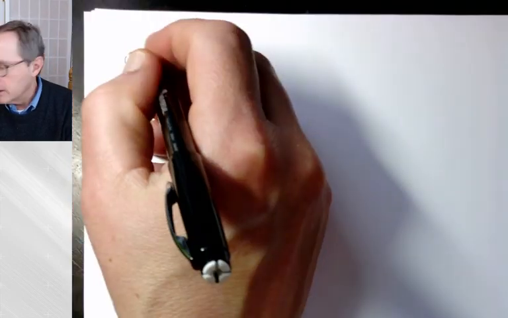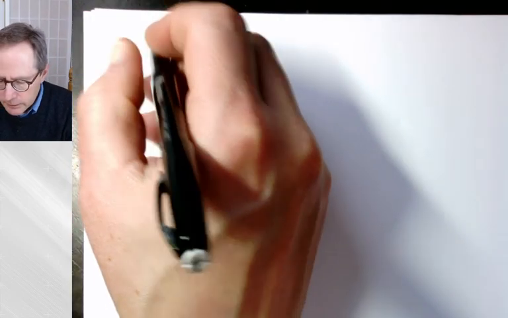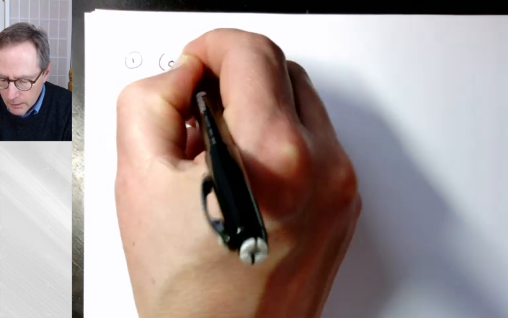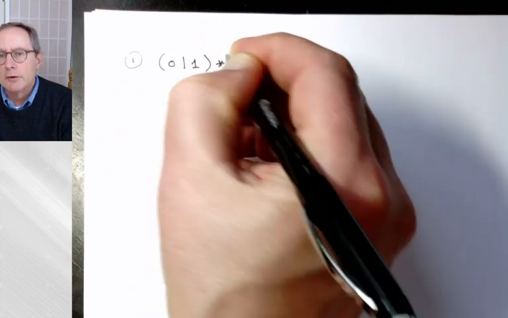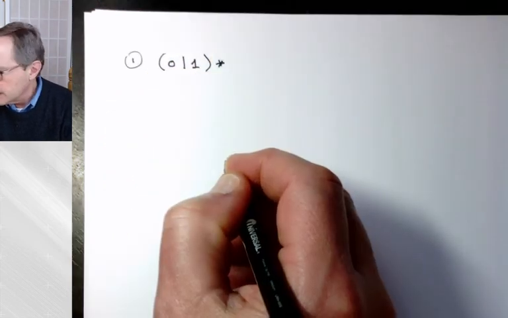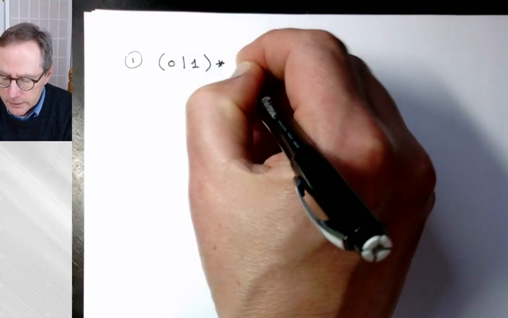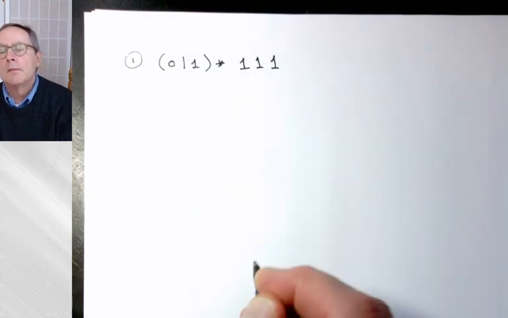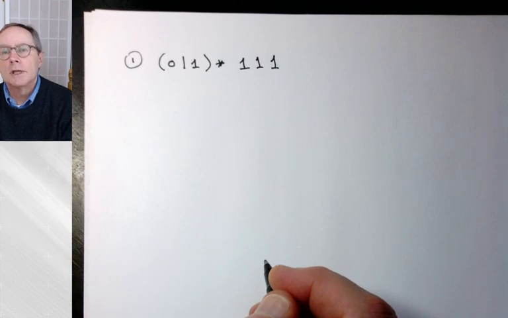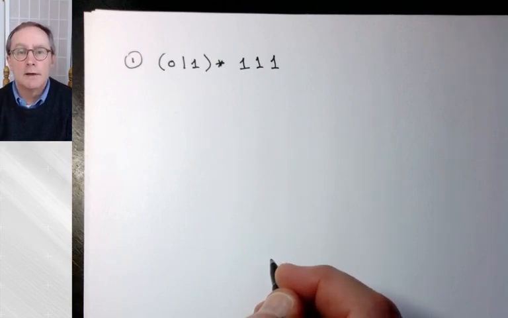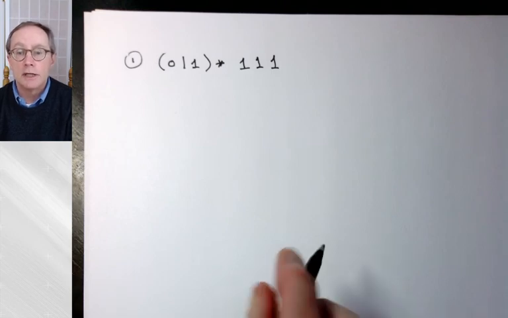I'm looking at here, say, 0 or 1 star, so any kind of character repeated any number of times, and then it's got to end in 3 consecutive ones. So at least for the simple ones, the difference between the regular expression and the English description is not really all that large.